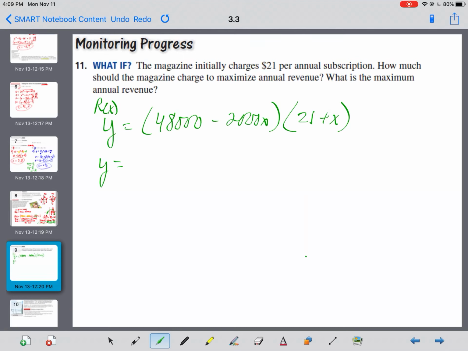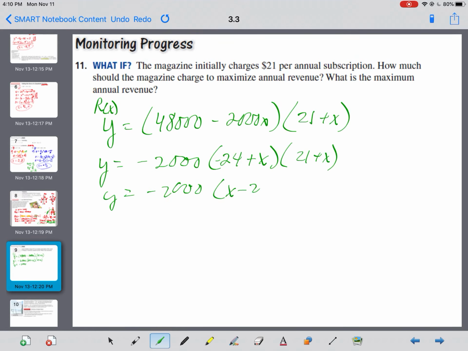Well, we can do the same deal. We can pull out this 2,000 that's in perfection. So we got 24 minus x. So we're going to change those because we pulled out the negative. We got 21 plus x. And then we can rearrange them. Negative 2,000, x minus 24, x plus 21.